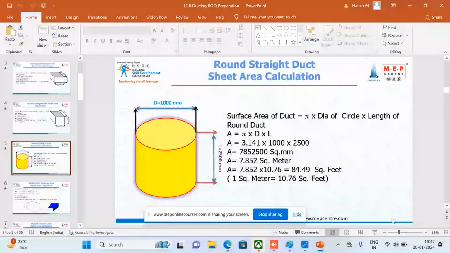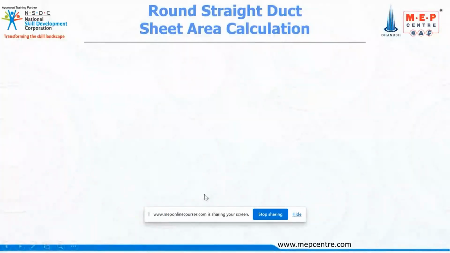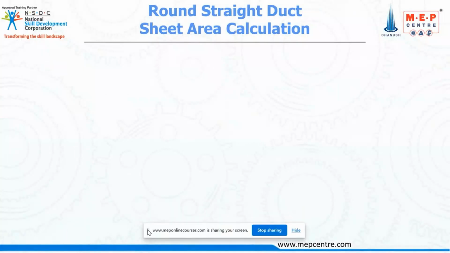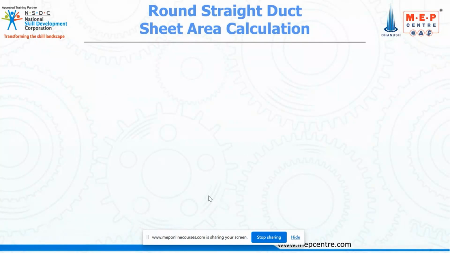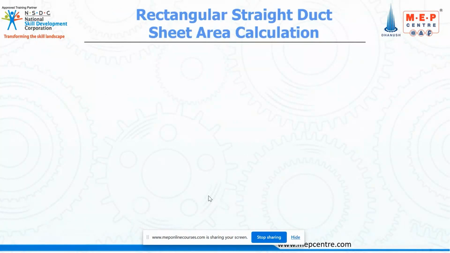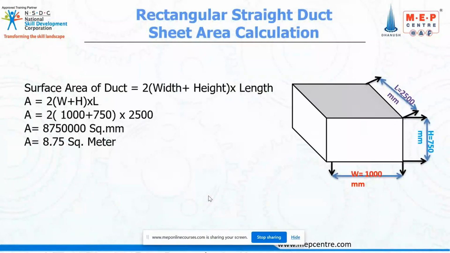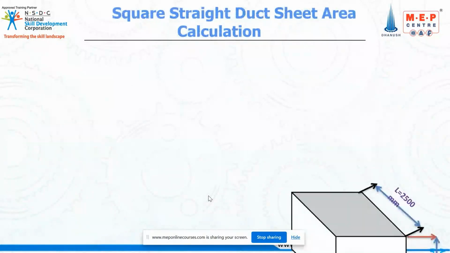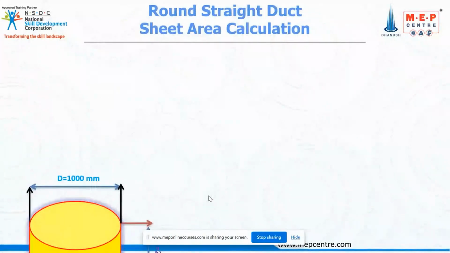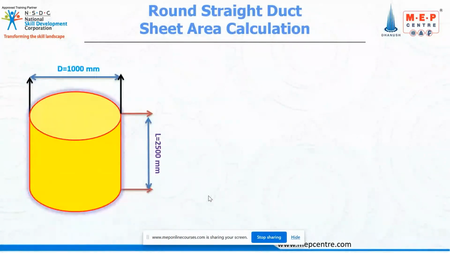I'll share entire screen. Now, is it visible now? I hope round duct is visible now, yes.